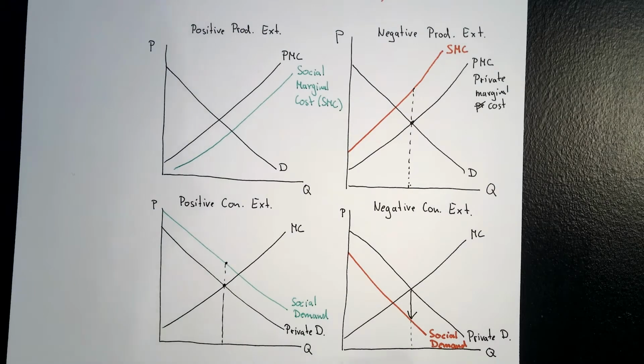So we are going to look at how this manifests in terms of deadweight loss, and also what type of policies can be implemented to restore efficiency, because all of those four cases of externalities result in a deadweight loss and hence are inefficient.